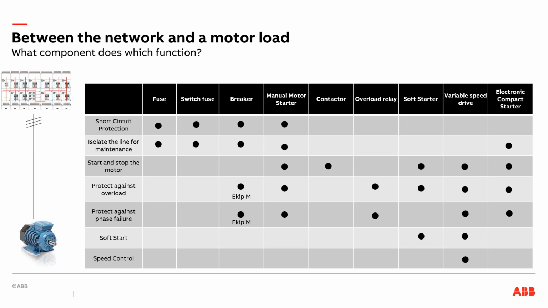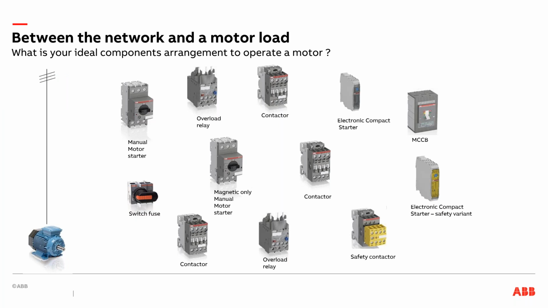The electronic compact starter, which is one of the most compact starters in the world, can isolate the line for maintenance, start and stop a motor, protect against overload, and protect against phase failure as well. And you require all these components. So these are the components I just showed in my last slide.